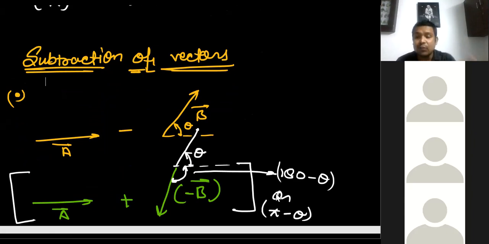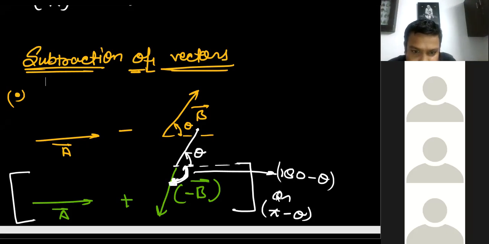Again I want to repeat, if the vector B makes an angle theta from the positive x-axis, then the negative vector makes an angle 180 minus theta from the positive x-axis in the counterclockwise sense.